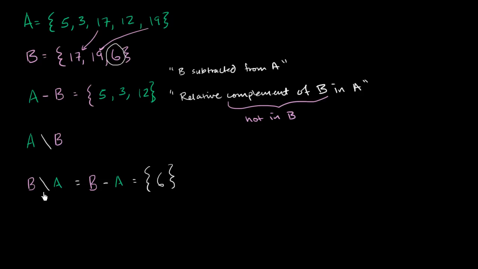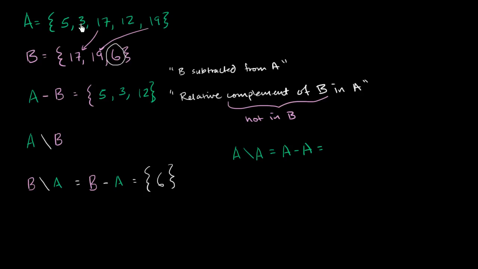Now, let me ask another question. What would the relative complement of A in A be? Well, this is the same thing as A minus A. And this is literally saying, let's take set A and then take all of the things that are in set A out of it. Well, I start with a 5, but there's a 5 in set A, so I have to take the 5 out.